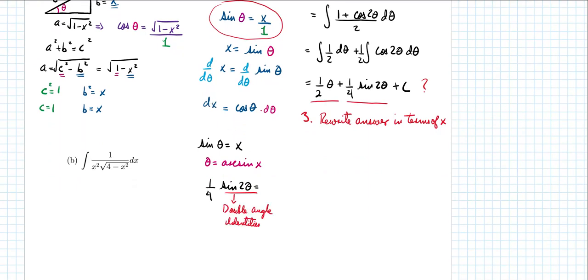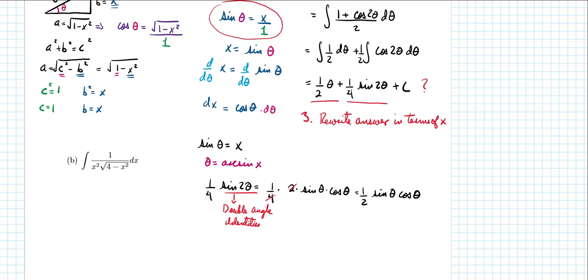So if you recall, the double angle identity for the sine of 2 theta is going to be 2 times sine of theta cosine theta. Now there's a 1/4 in the front, so I'm going to go ahead and cancel this ones. So we're going to be left with 1/2 times the sine of theta cosine theta. And there we go. Now we don't have a double angle.